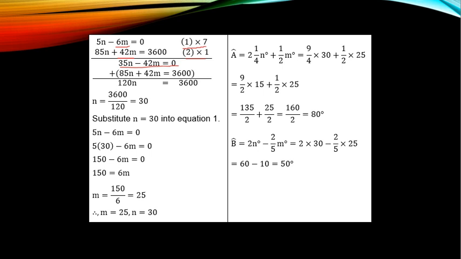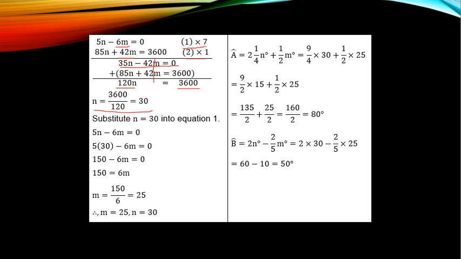So if you add, you have 120n, because this term becomes 0, equal to 3600. Divide both sides by 120, and n is equal to 3600 divided by 120, and that is 30.